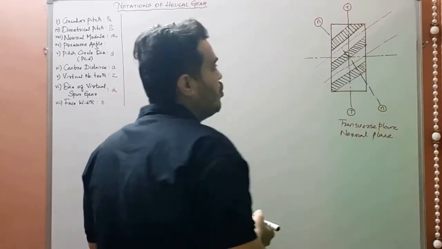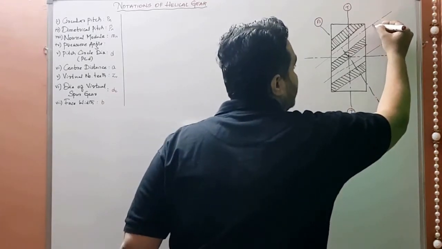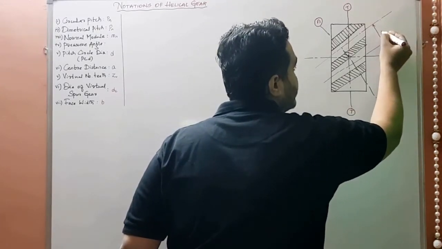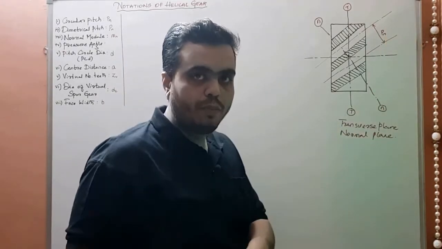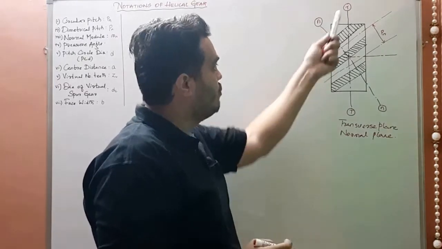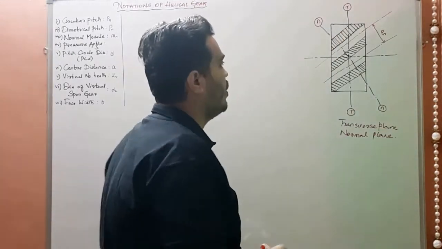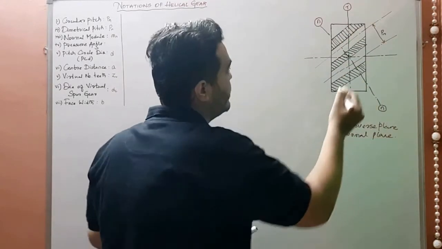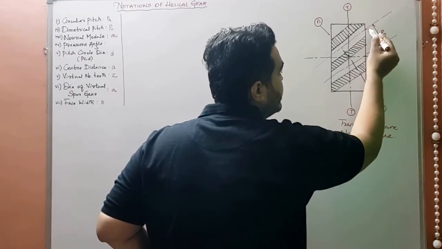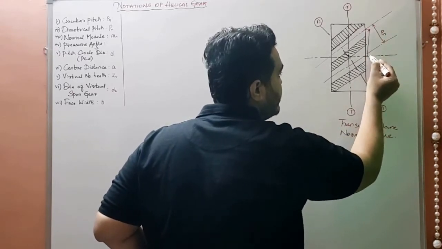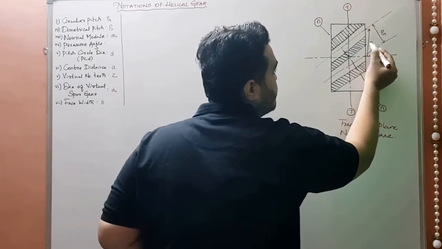Whatever distance we have with respect to the normal plane, we are going to consider as the normal pitch, PN. For the normal plane we use the suffix N, and for the transverse plane we use the suffix T. So this is PN, and this distance with respect to the transverse plane we consider as PT. Got it? This is the transverse pitch.